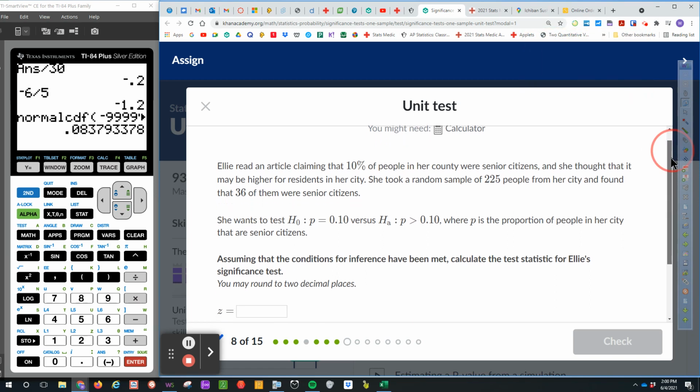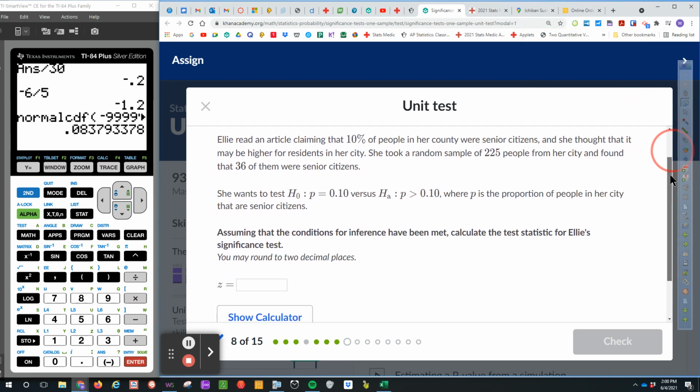Okay, we're halfway through. Ellie read an article claiming that 10% of people in her country were senior citizens, and she thought that it may be higher for residents in a city. She took a random sample of 225 people from her city and found that 36 of them were senior citizens.